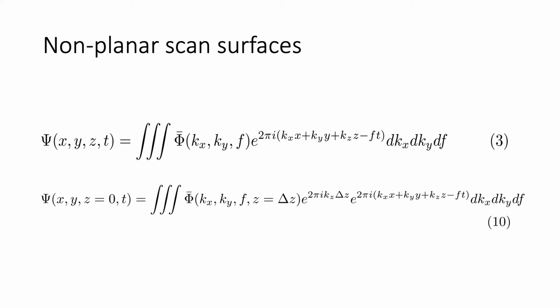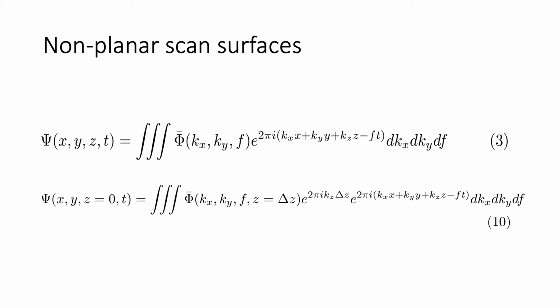As for non-planar sampling surfaces, we consider the case of sampling measurements at a constant offset location, Z equals delta Z, and we desire to extrapolate the value of the field at Z equals 0.